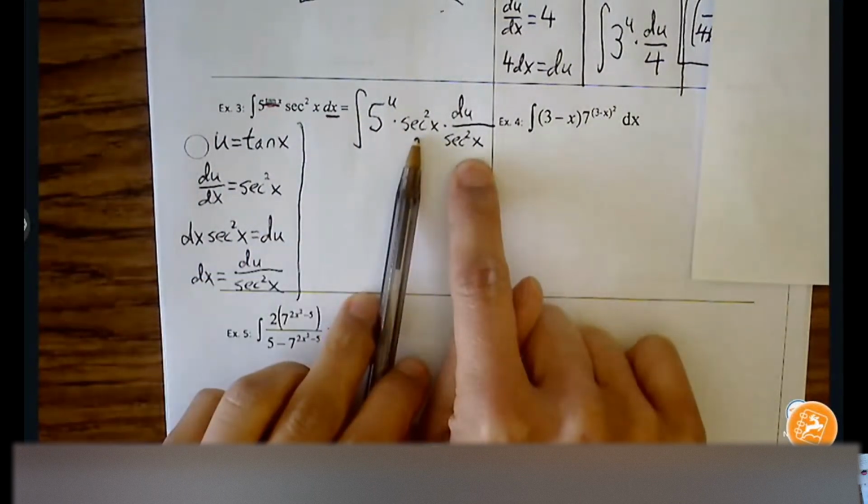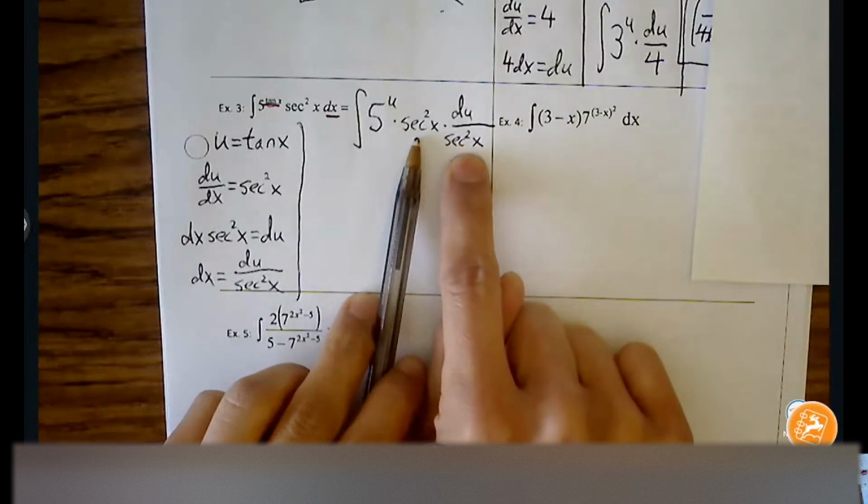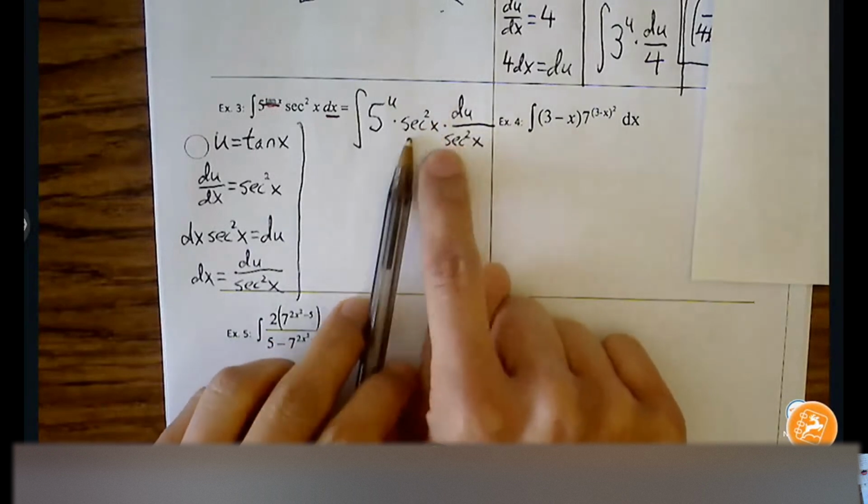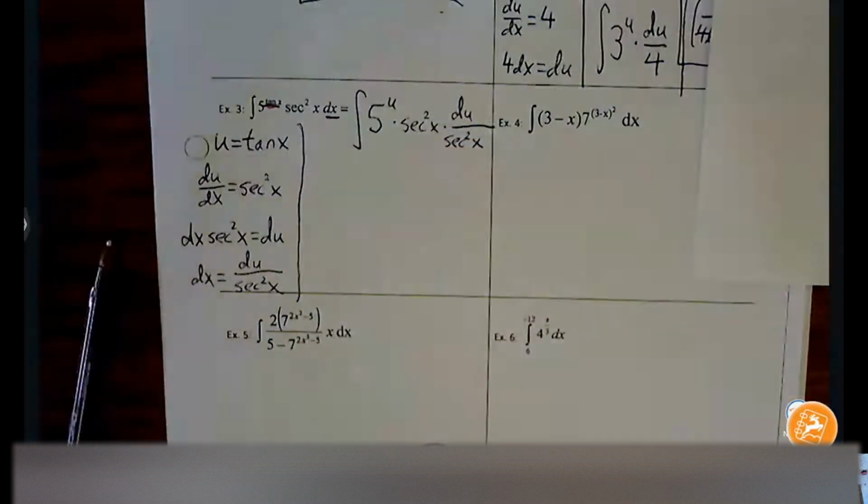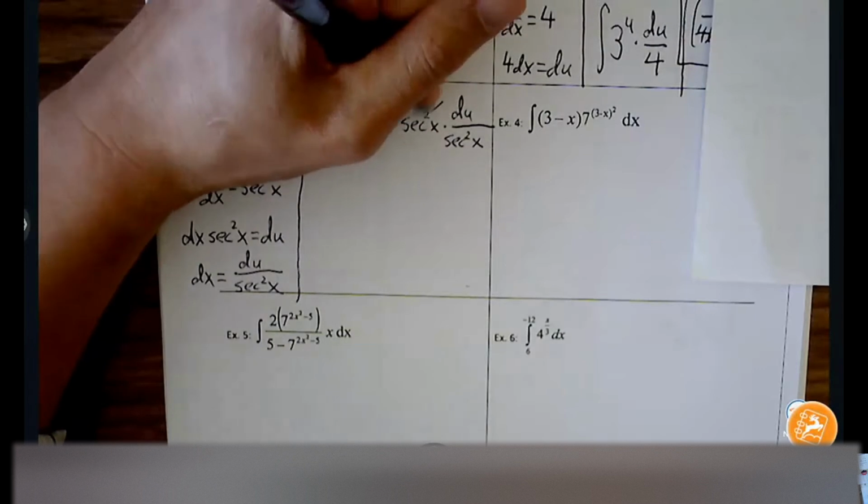I'm left with secant squared above in the numerator, the secant squared x below in the denominator, so pairs up nicely. No coefficients to keep track of.